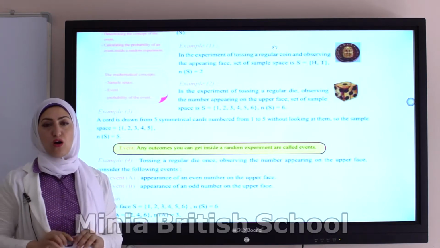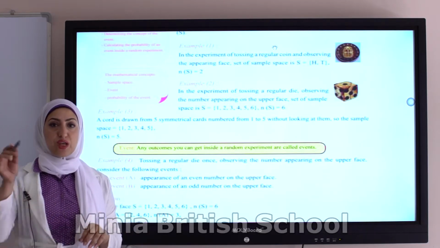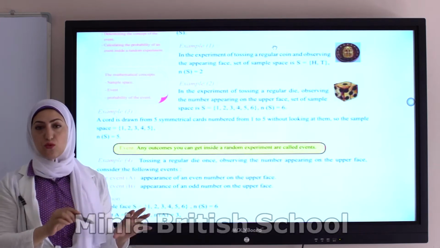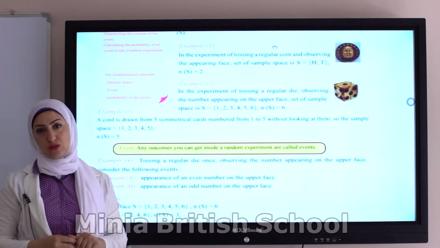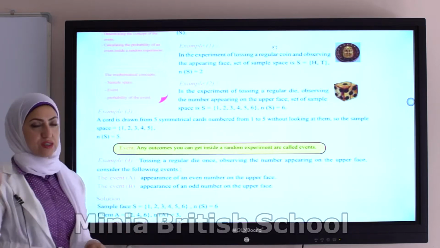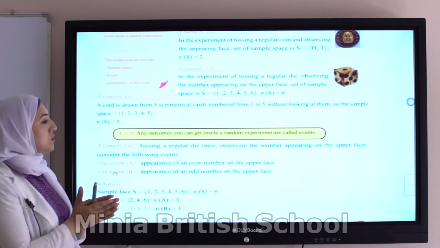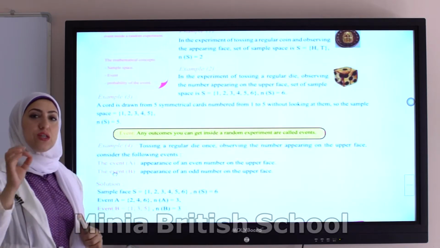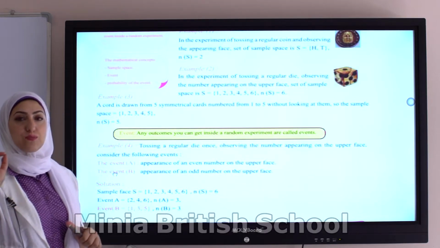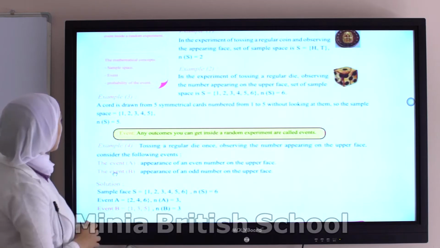So it's also half. That means the probability is always the thing that I asked for over the total. This is the outcome, this is the probability. And always the probability should be put in the simplest form, or simplified.